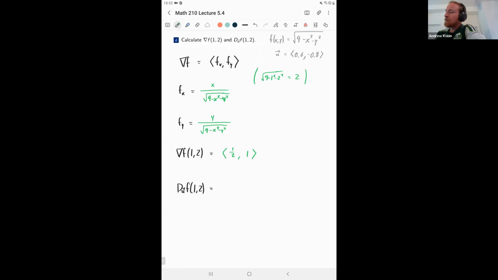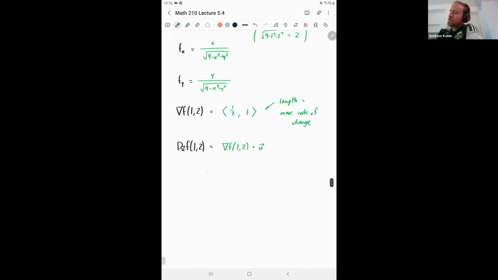But you can also compute the magnitude, or the length, of this, which will give you the maximum rate of change, or the maximum altitude change, if you think of it that way. Great, so to compute the directional derivative for this other vector, (0.6, -0.8), we're going to take the gradient vector at (1, 2) and dot it with this directional vector.